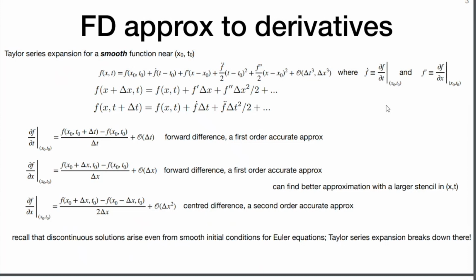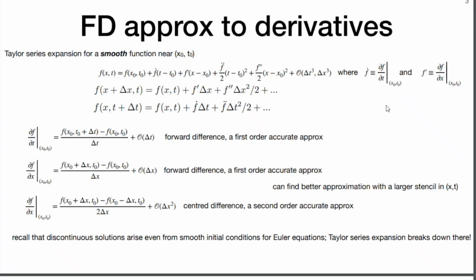These are standard Taylor series expansions of f(x, t) around x naught, t naught. The f dot here is the derivative ∂f/∂t evaluated at x naught, t. F prime is ∂f/∂x evaluated at x naught, t. You all know it, and so on. You just keep on going.